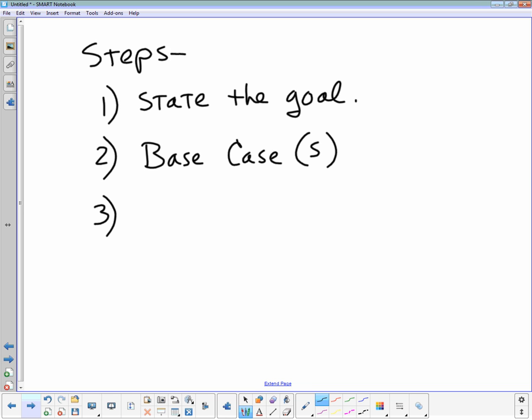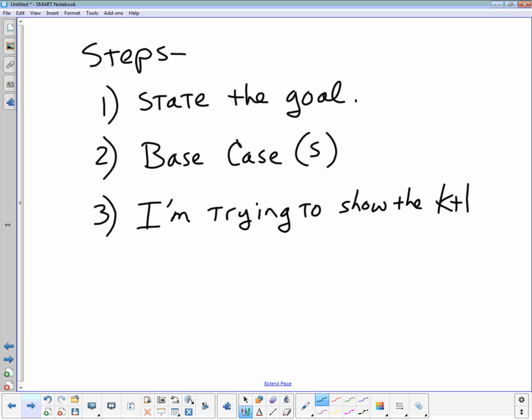All right. Third, state the assumption, and state what you're trying to prove. Show me what the k+1 thing is, okay? Because you want to say to the reader, hey, look, I'm going to go down this path.